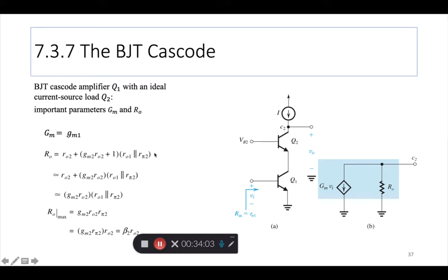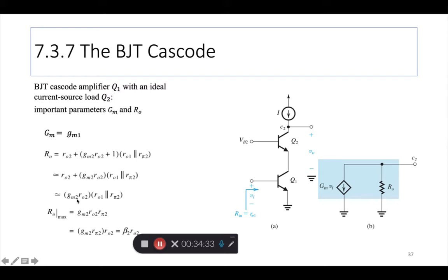If this arrangement exists, what are the important factors and parameters to worry about? Gm, the transconductance of the combination, is still nothing but the gm of the first unit. RO becomes a little more complicated. It has this form.